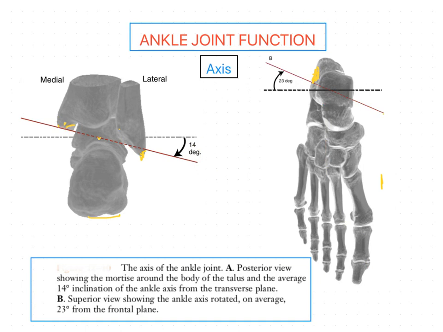The primary motions allowed at the ankle joint are dorsiflexion and plantar flexion, and the normal range of motion is 20 degrees for dorsiflexion and 50 degrees for plantar flexion. 10 degrees of ankle dorsiflexion is considered the minimal amount needed to ambulate without any deviation. But the normal range is 20 degrees.